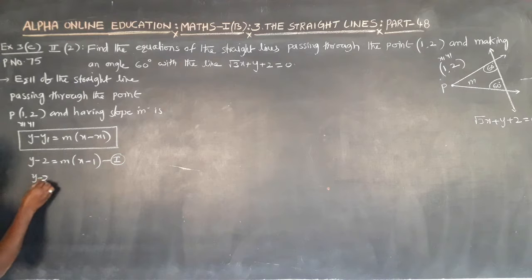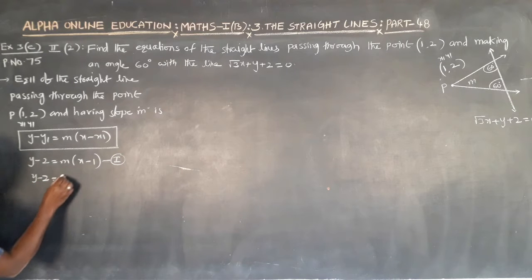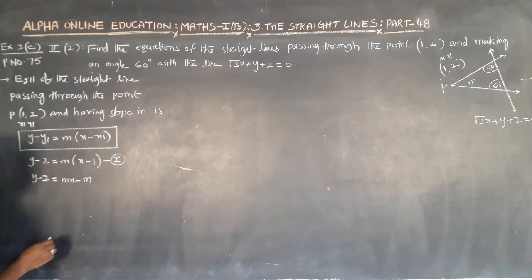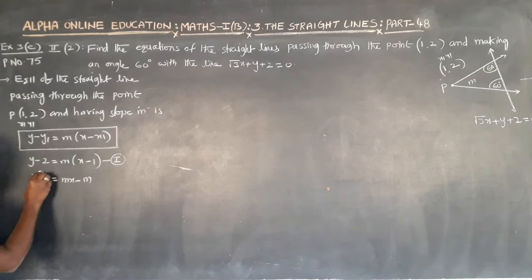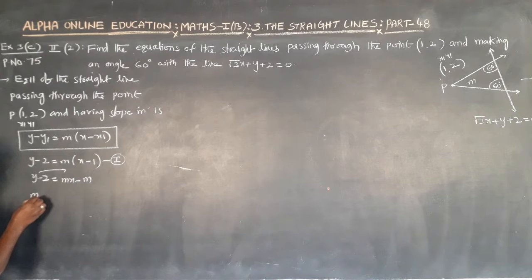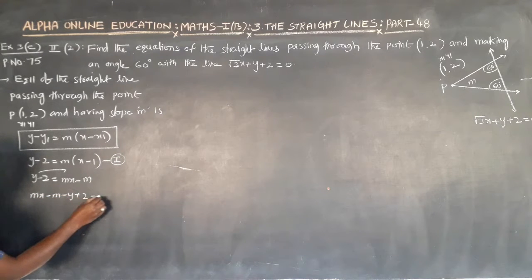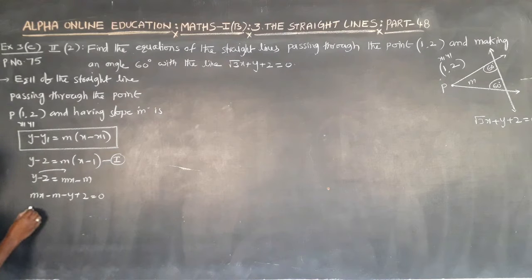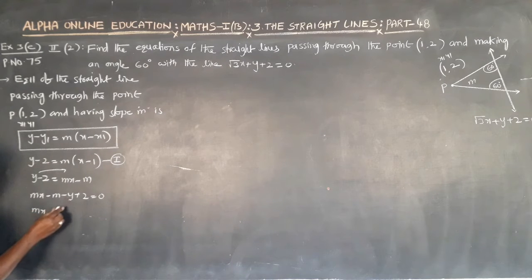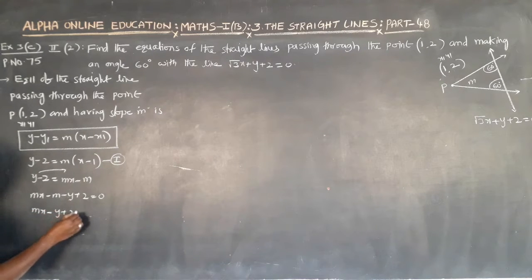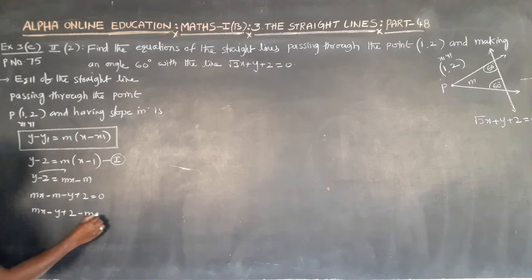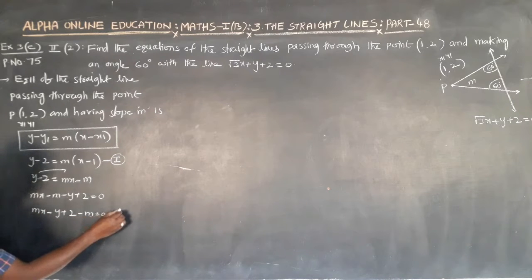y minus 2 is equal to m into x minus 1, that is mx minus m. Taking y minus 2 to the right side, mx minus m minus y plus 2 is equal to 0. mx minus y plus 2 minus m is equal to 0.